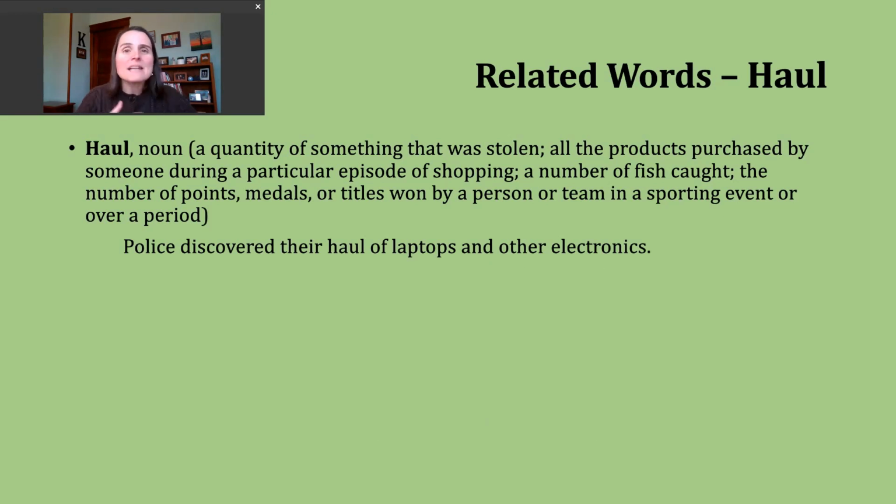So what is implied with this is usually a large quantity, right? If one person had stolen a single laptop, we might not use this word haul. But this sentence to me is suggesting there were many laptops and other electronics, maybe cell phones, iPads, who knows what other types of devices that were taken.